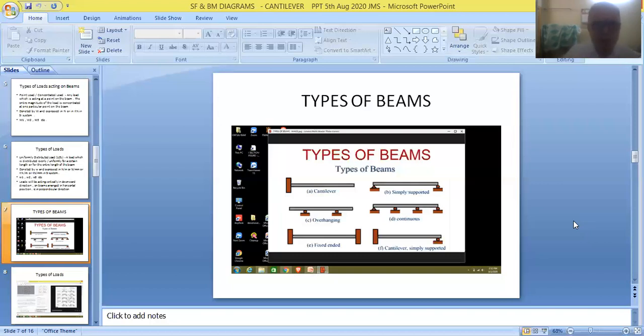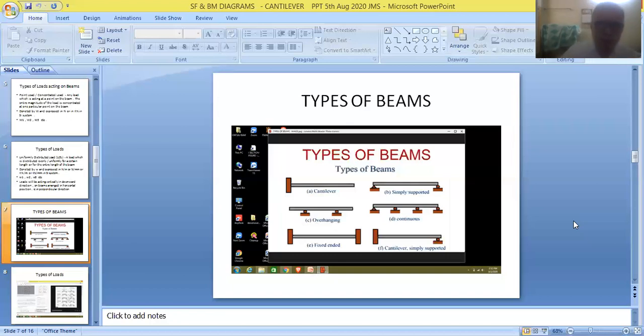They are referred to as end supports of the beam. Now the length of the beam is extended beyond this support, and also beyond this support. Therefore it is called an overhanging beam.